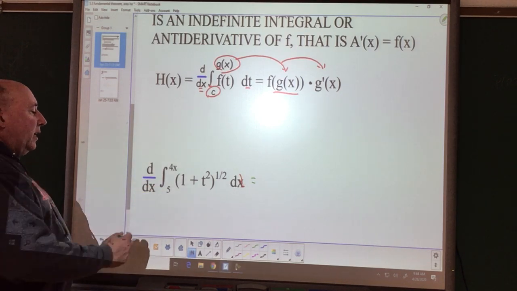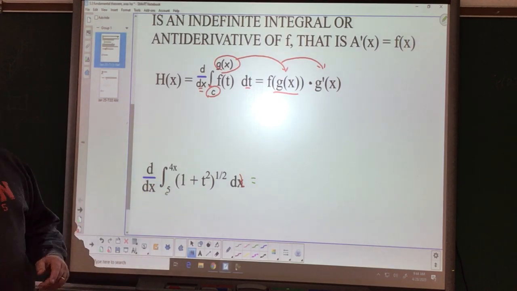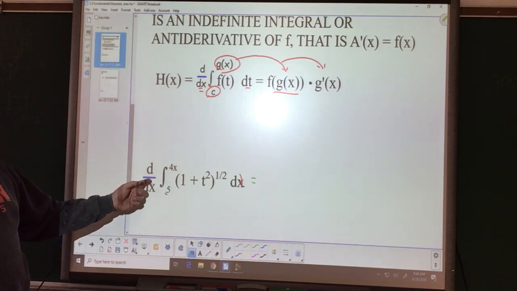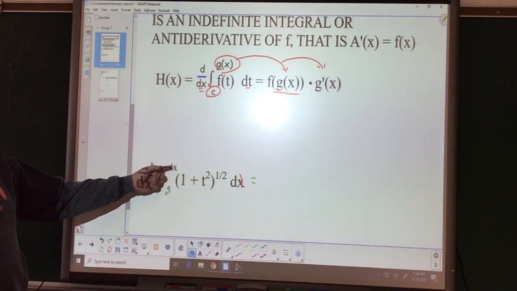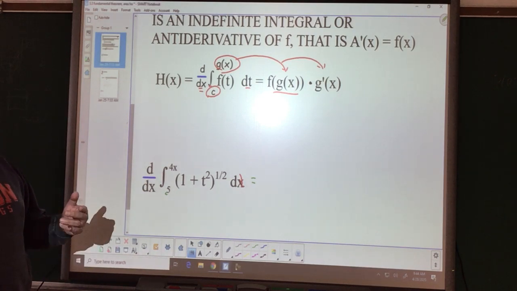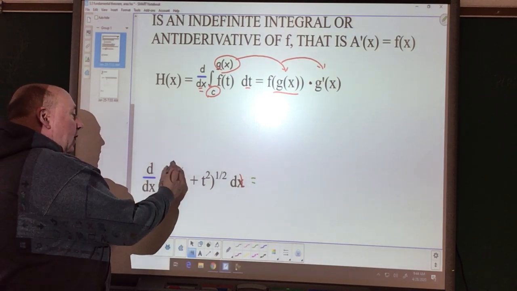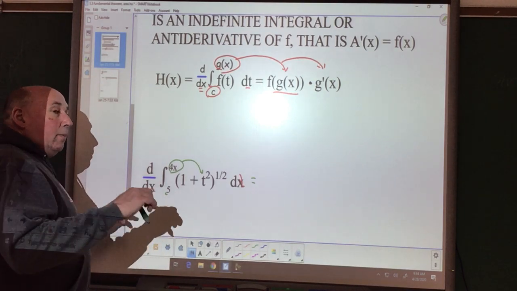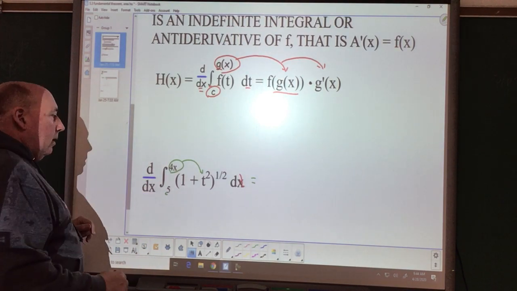I have a constant here, and that's what I need to make sure of. I have some function of x for the upper limit. That's one of my limits of integration. How we calculate this is we just sub this in at the value of t. It's like my upper limit.